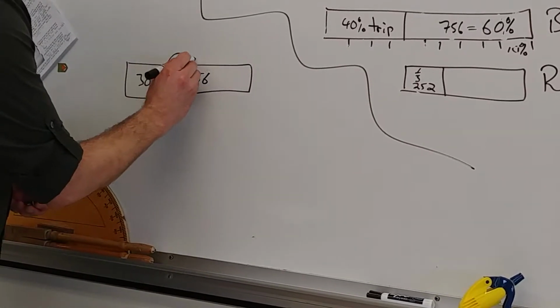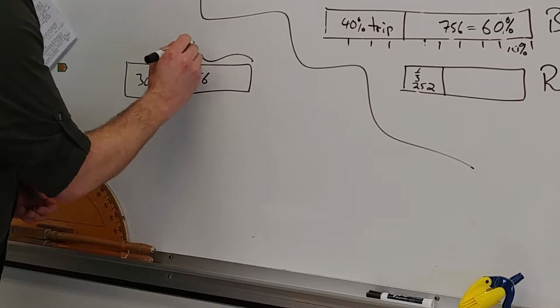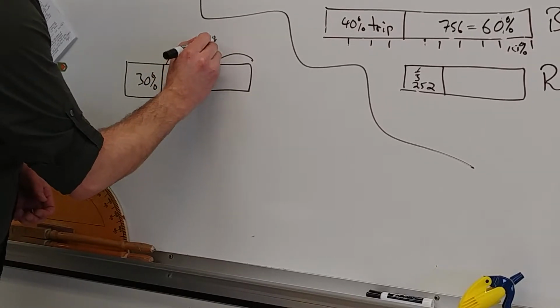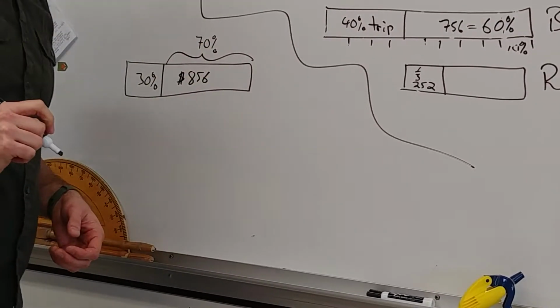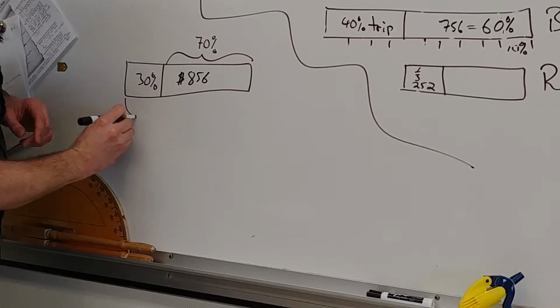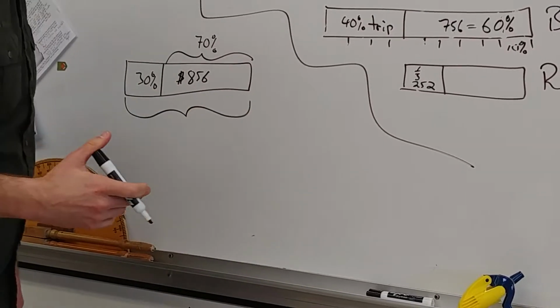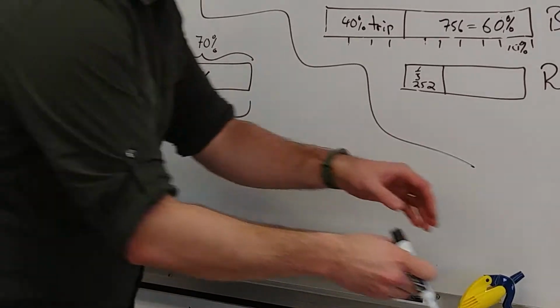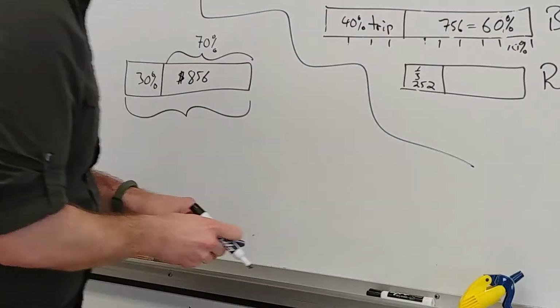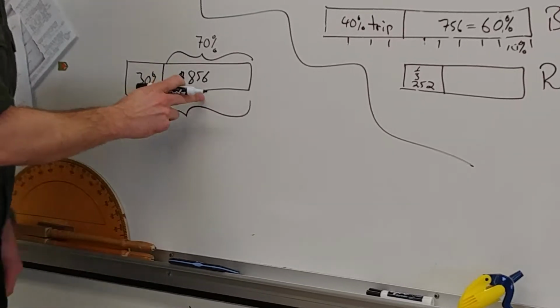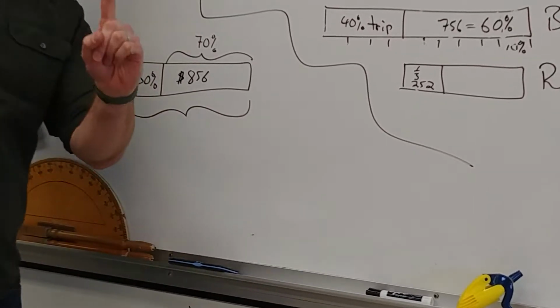I now know that 70% is $856. What I'm trying to figure out is exactly how much did my employer pay me before deductions. To do this kind of problem, first I'm going to figure out if this is 70%, what is 1%?